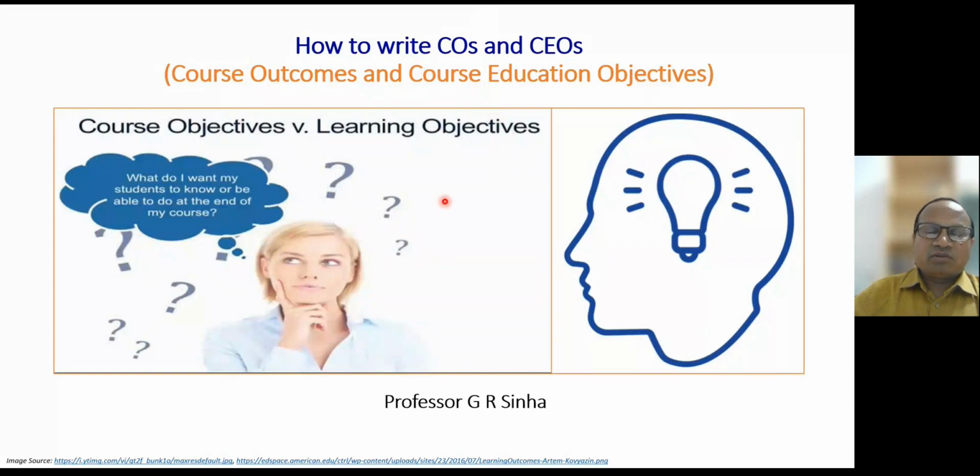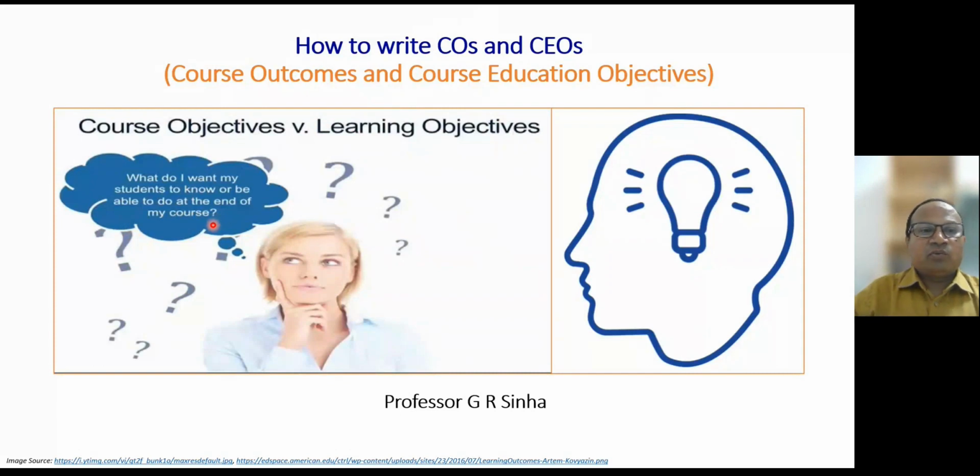What are the learning outcomes? So in other words, we'll also say that course outcomes means course learning outcomes, course learning objectives, course objectives and learning objectives. What do I want my students to know or be able to do at the end of my course?